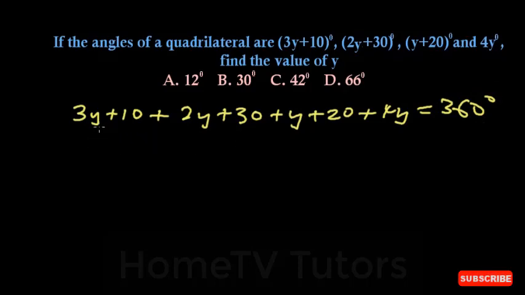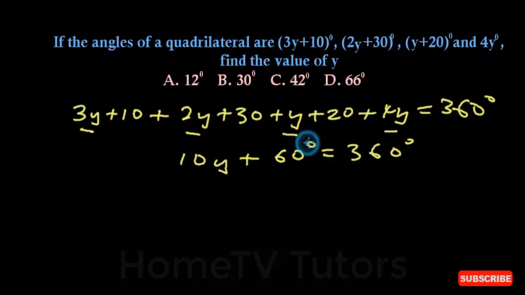Okay, so now we add up 3y plus 2y, that's 5y, 5y plus y, 6y, plus 4y gives us 10y. Okay, plus 10 plus 30, 40, 40 plus 20 gives us 60, are all equal to 360 degrees.